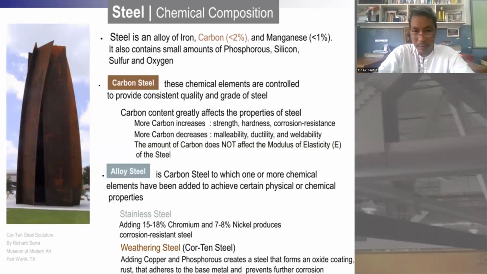The amount of carbon does not affect the modulus of elasticity, E, because the modulus of elasticity is another property of the material, and the amount of carbon does not affect that type of property.